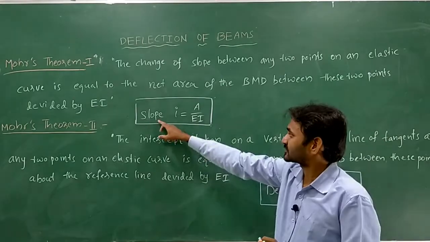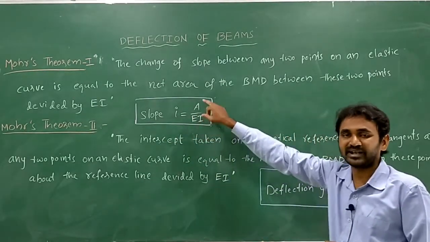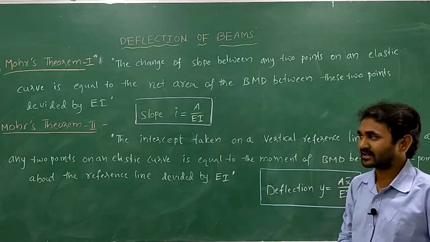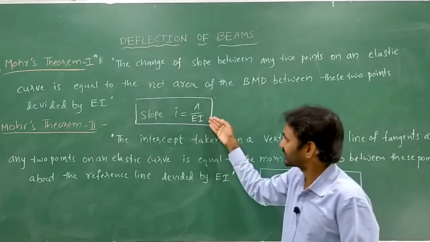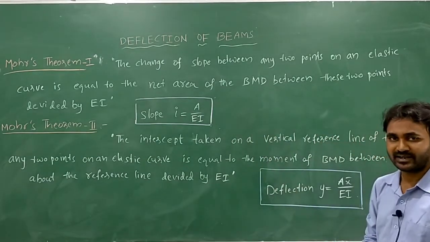So here the slope is given by A by EI, where A is the area of the bending moment diagram. By this you will get the slope, and always this slope will be in radians.